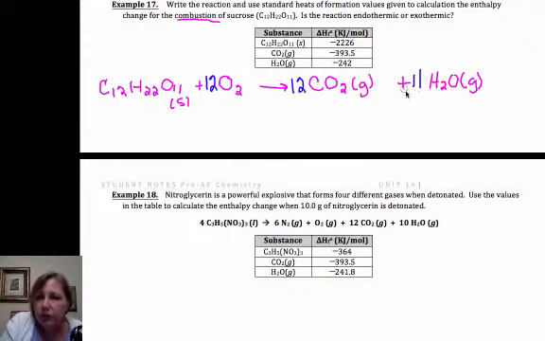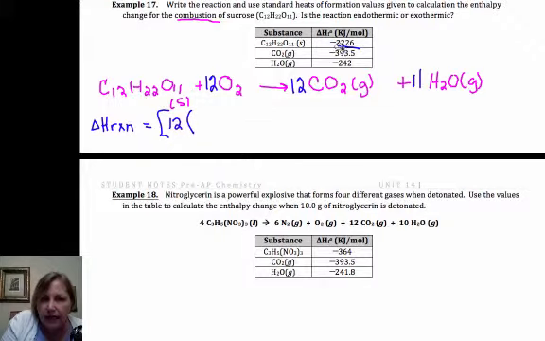So what we're going to do is take our products. Delta H for this reaction as written is going to be the products. So I have 12 CO2 molecules. I'm going to plug in the value for CO2, minus 393.5.